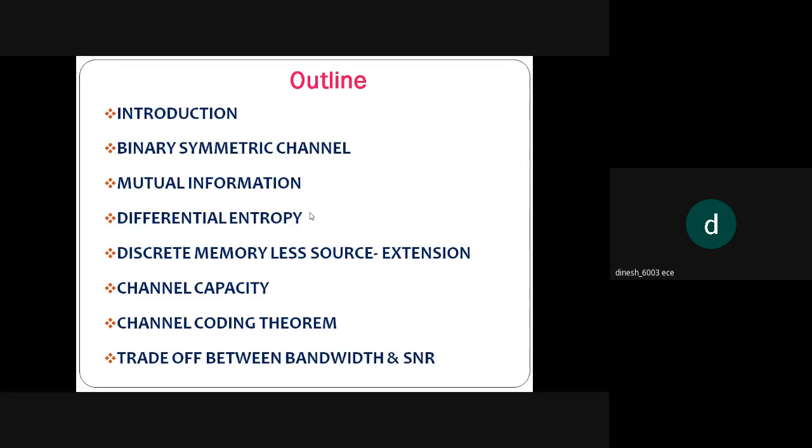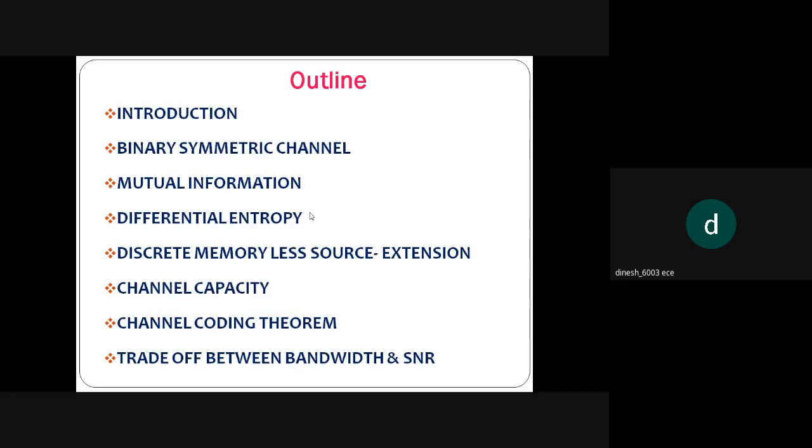Then we'll be seeing differential entropy, an extension to discrete memoryless source, channels, channel capacity, the channel coding theorem, and the trade-off between bandwidth and signal to noise ratio.